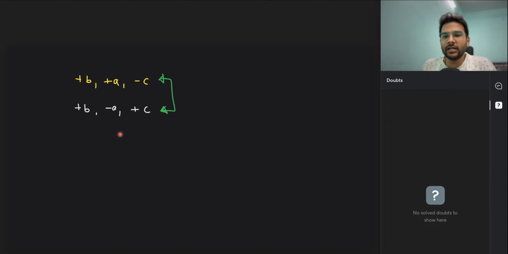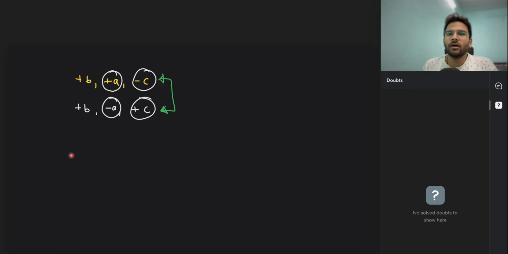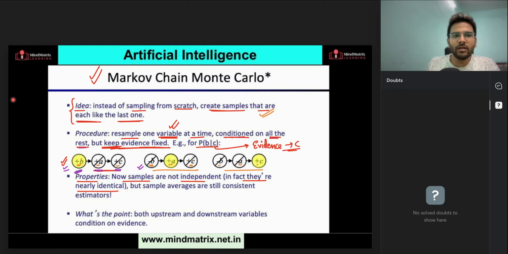They are not identical or nearly identical. Why? Because there is a lot of difference here. Here it is plus A, here it is minus A, here it is minus C, here it is plus C. So you can see more than one variable is changing, right? Here A is changing from plus A to minus A, and C from minus C to plus C. So these are independent samples.